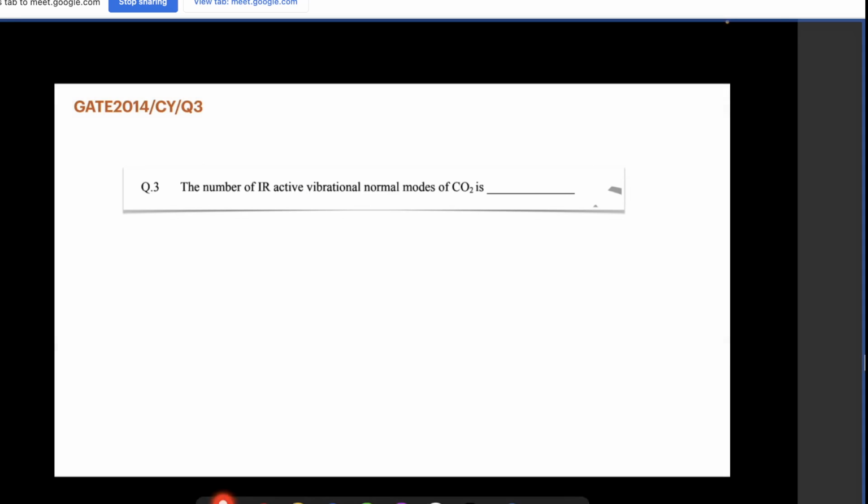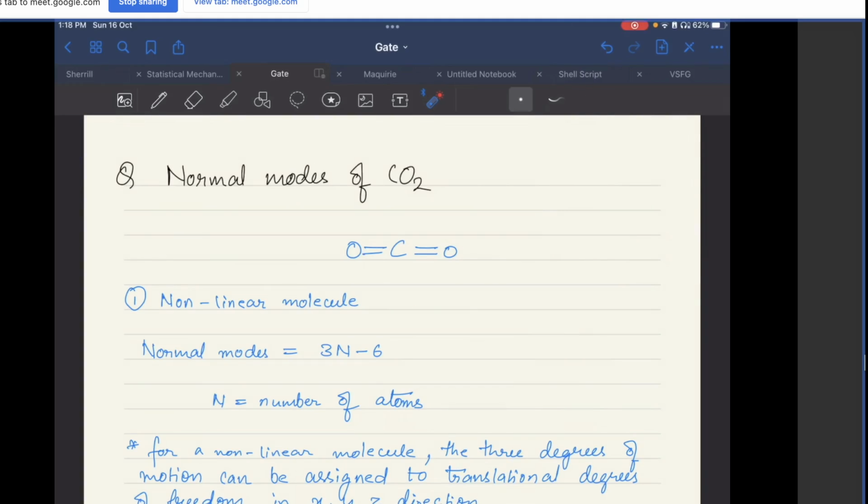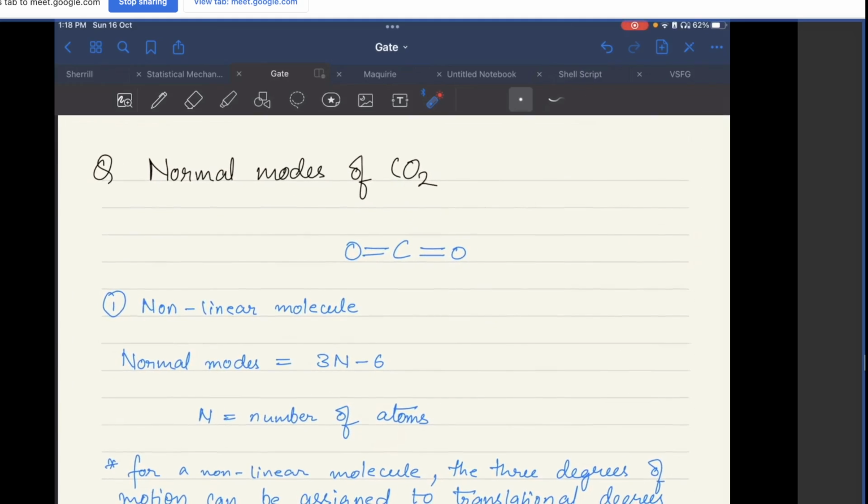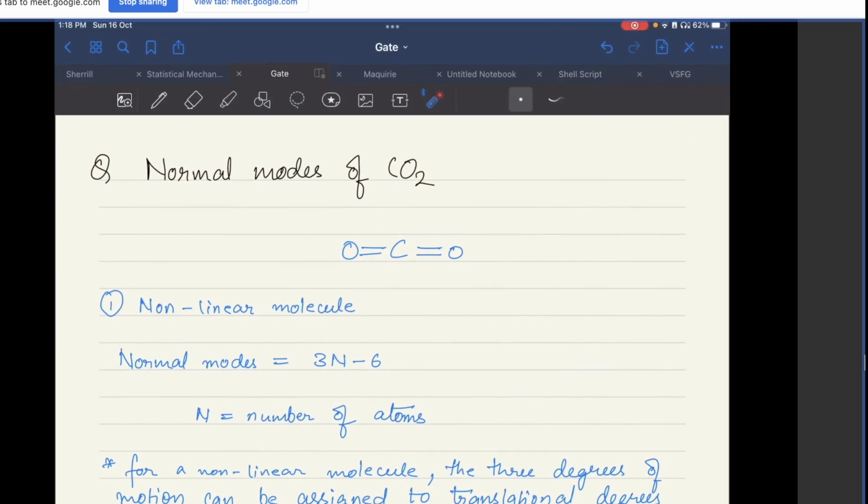Of IR active vibrational normal modes of CO2 is. So let's move into some basics. The normal modes of CO2, but let's generalize.